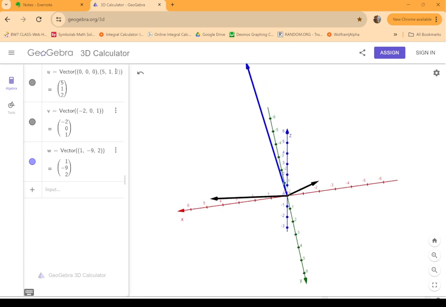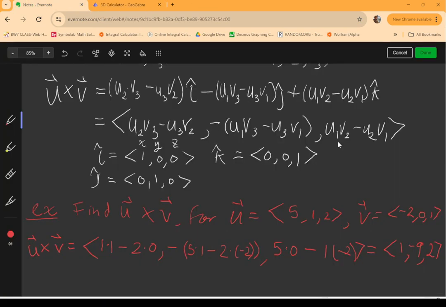So what that means is the angle between these vectors is 90 degrees, between u and w and between v and w. Each of those compared to w is an orthogonal vector. So w is orthogonal to both of those.